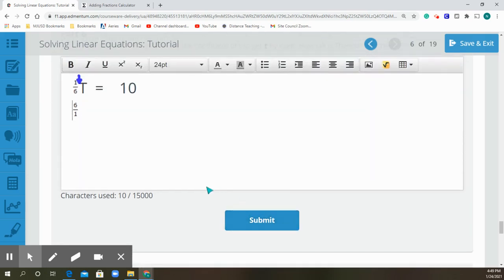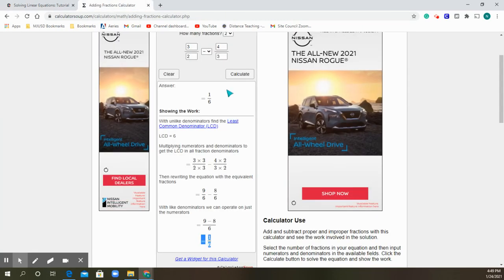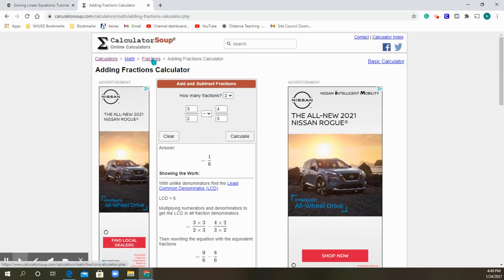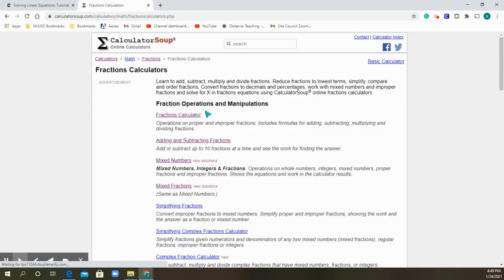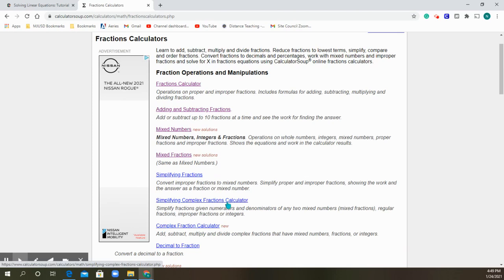I know, it's weird. But we can even go back to this fractions calculator, and instead of adding fractions, we could do complex fraction calculator, multiply and divide.